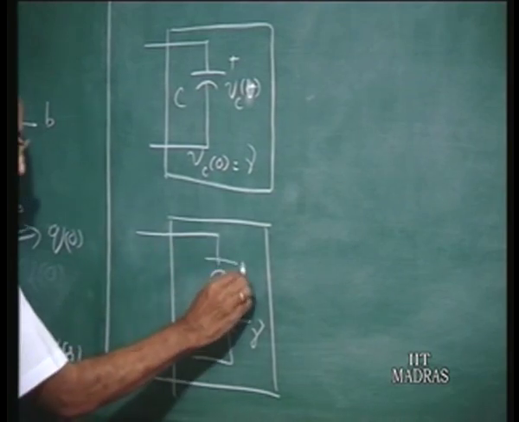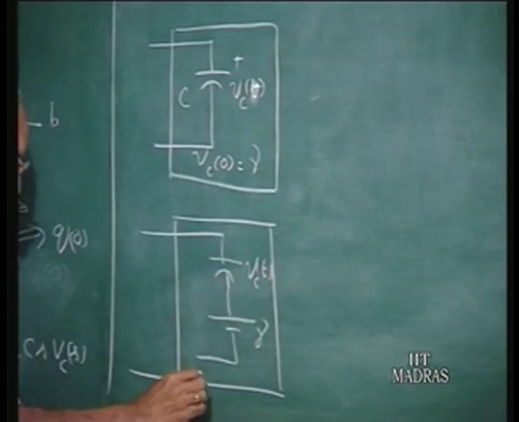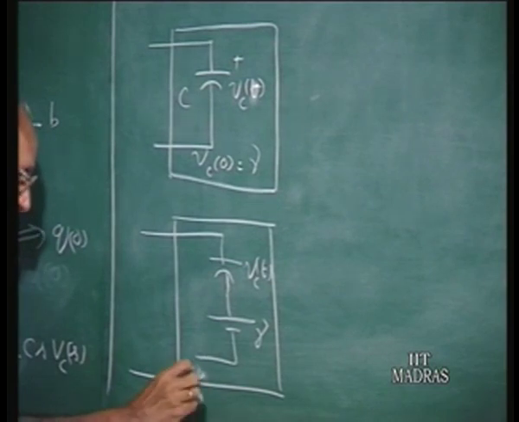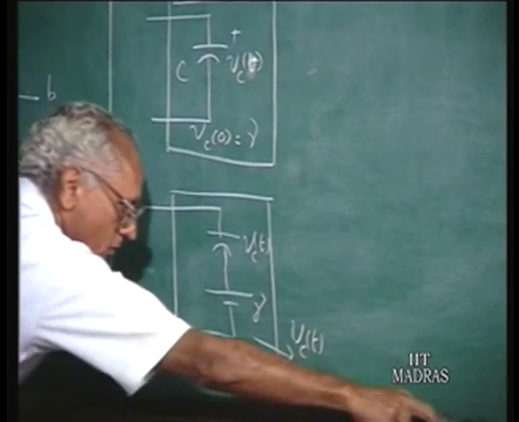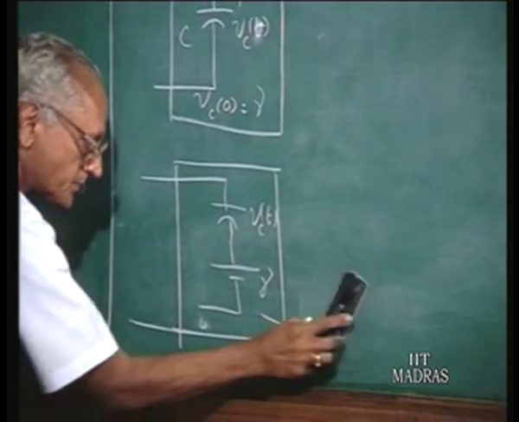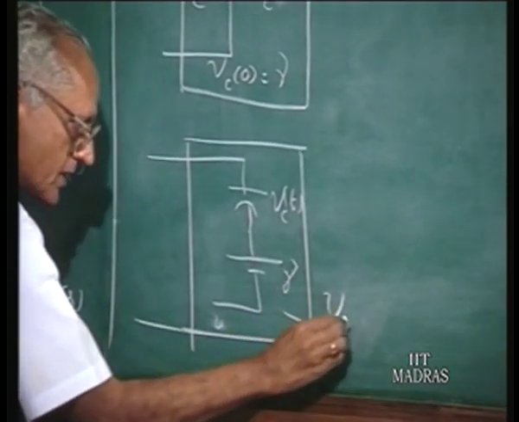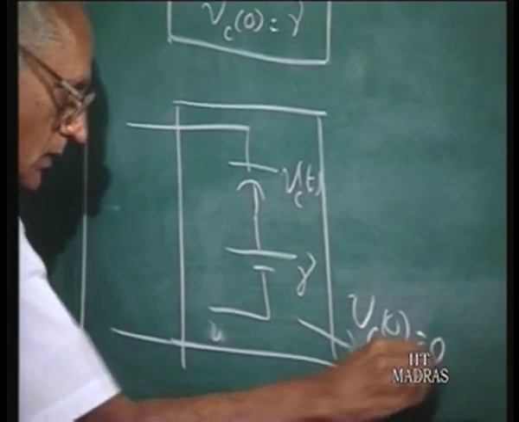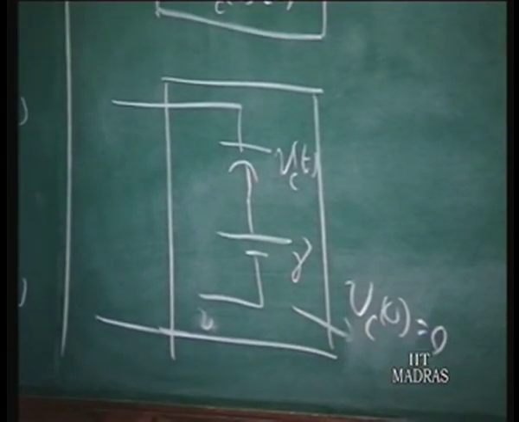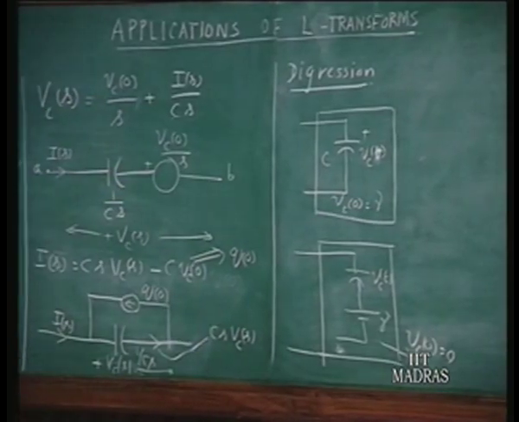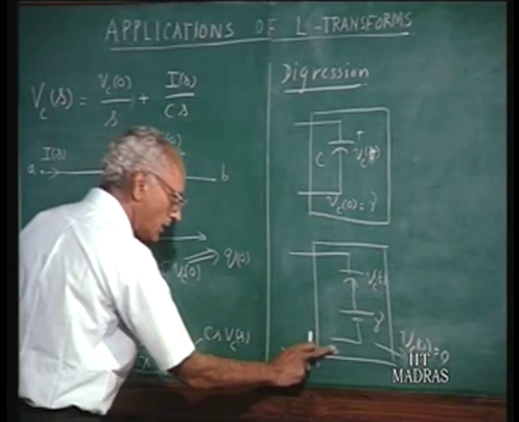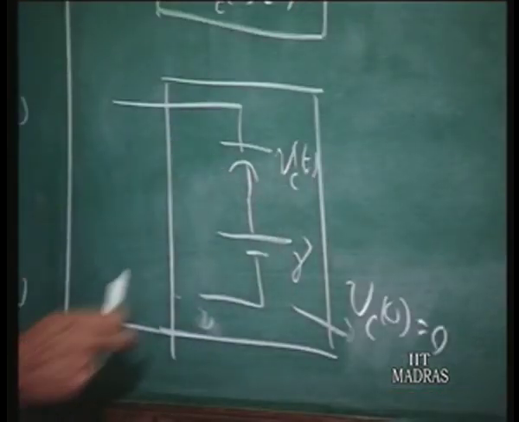So here this is Vc of t, and Vc(0) is 0, that is, initially uncharged. So we have two situations. One, a capacitor which is charged initially to gamma volts, and another, a capacitor in series with a voltage source whose value is gamma, but the capacitor itself is initially uncharged.